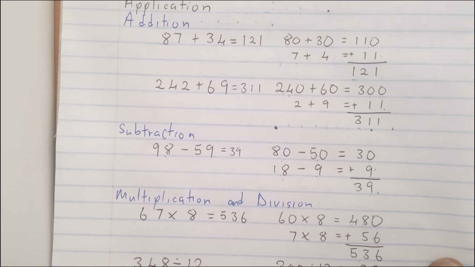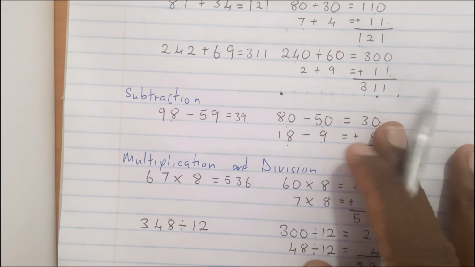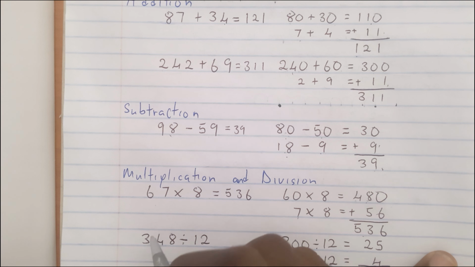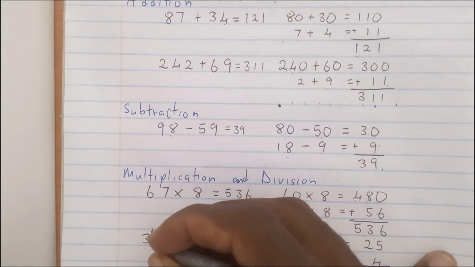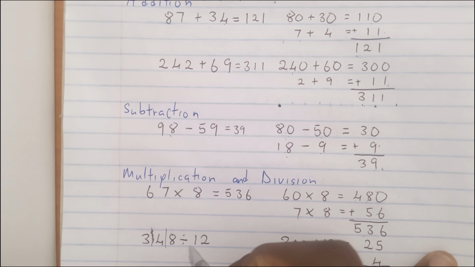Lastly, we have a division question: 348 divided by 12. I look at this number and I want to extract numbers that are possibly divisible by 12. I can decide to partition it like this, or partition it like this, so that I have 34 and 8.